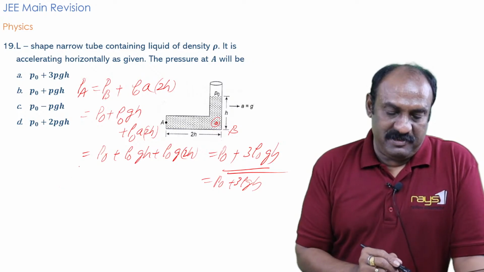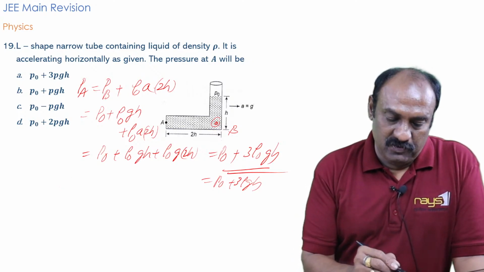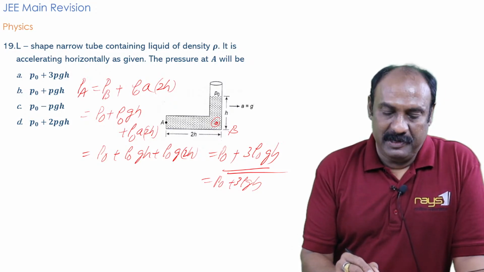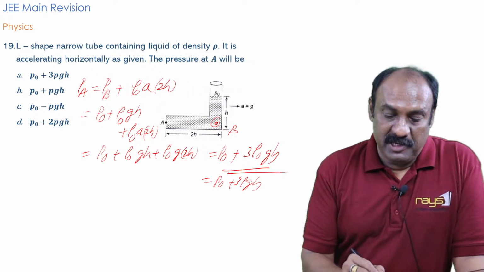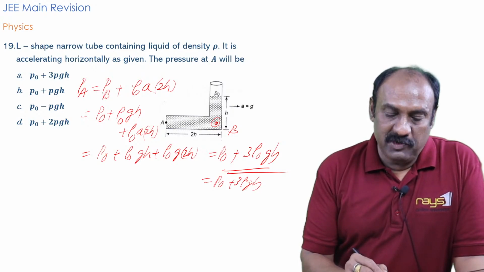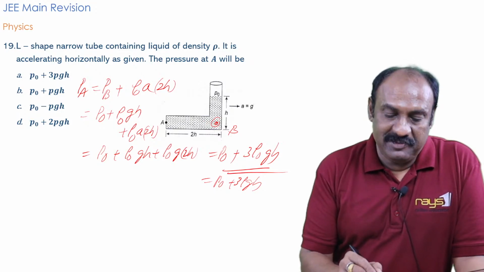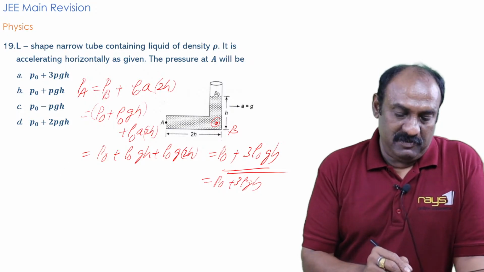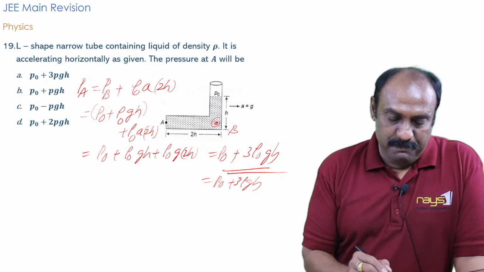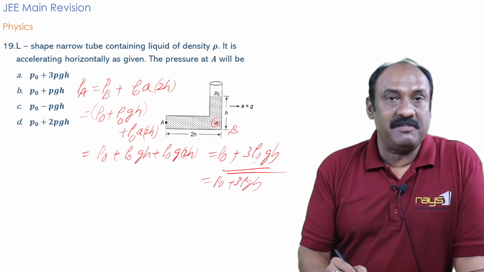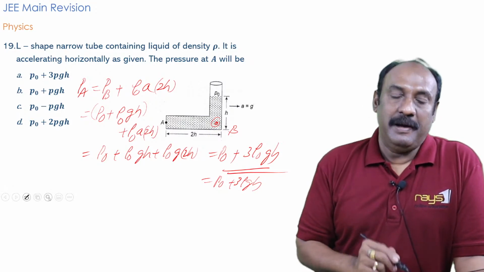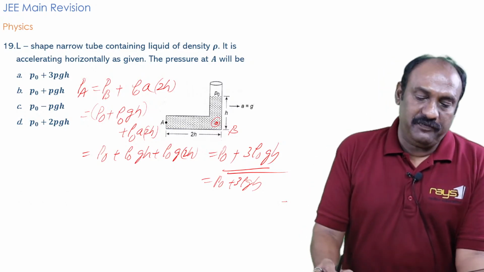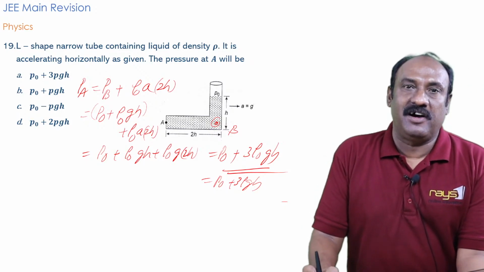Pressure at point B plus pressure due to this horizontal liquid column with pseudo acceleration a. Therefore, P B is P naught plus rho naught g h plus rho naught a into 2h. a is replaced as g. So, from this we get P naught plus 3 rho naught g h as the equation for pressure at point A for this L-shaped narrow tube containing liquid of density rho naught moving with constant horizontal acceleration a.